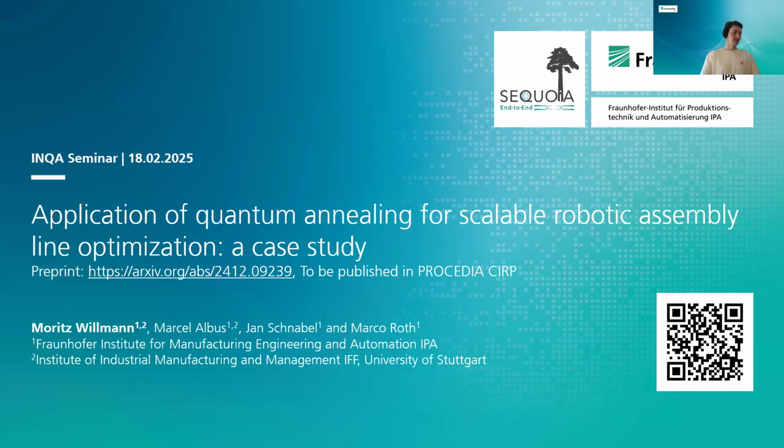And the scope was to find end-to-end applications where we can apply quantum computing to research on the applicability. And the use case we looked into here was this robotic assembly line optimization.